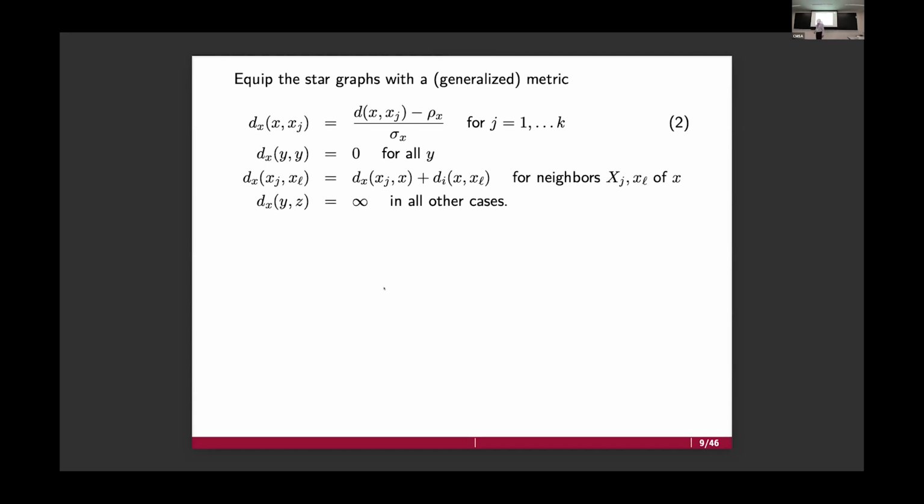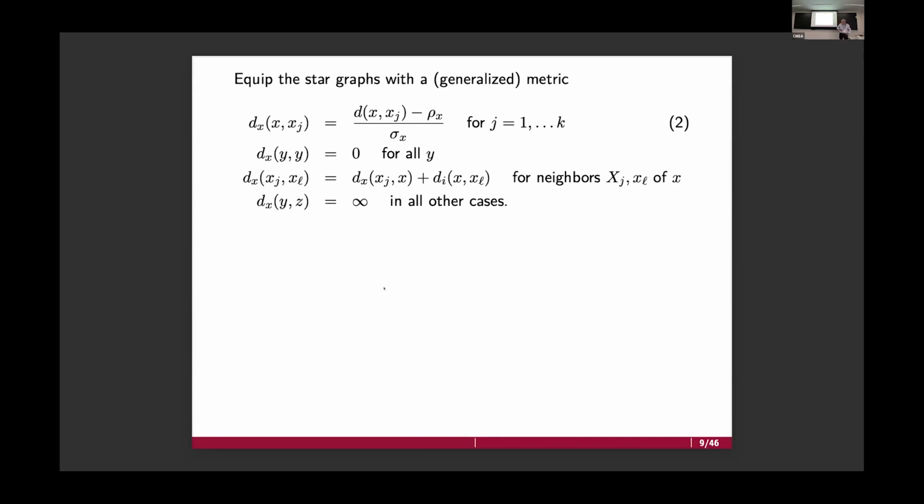They are ordered according to distance. So X1 is the closest neighbor, X2 is the second closest neighbor, and so on. And so we subtract something there if we want, and we normalize it by a constant. And for all points that are outside this local neighborhood, we just put the distance to be equal to infinity.